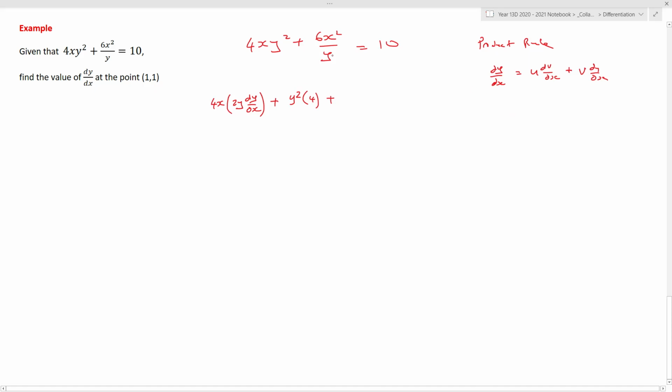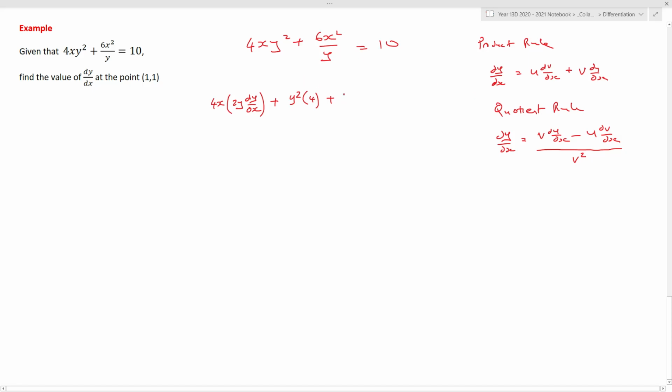Now we're going to have to apply the quotient rule to this. Now our quotient rule, if you remember, is given by v du by dx minus u dv by dx, all divided by v squared. So to apply that, that's our u and that's our v.